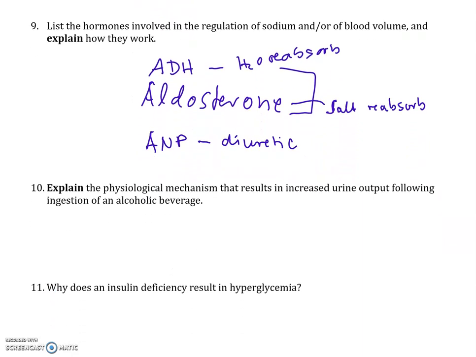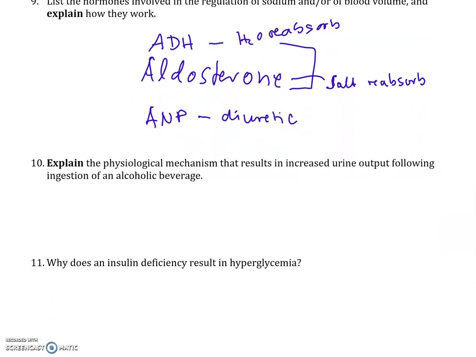Explain the physiological mechanism that results in increased urine output following ingestion of an alcoholic beverage. And that's an easy one to answer because alcohol will block ADH. So alcohol inhibits ADH. So if you inhibit ADH, antidiuretic hormone, then you don't have antidiuresis, but you have diuresis, and you have a diuretic.